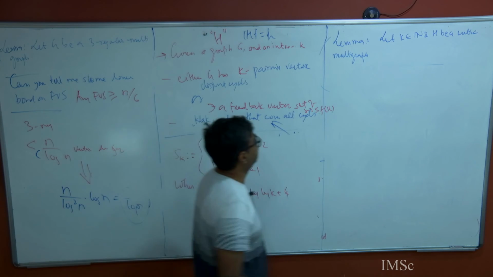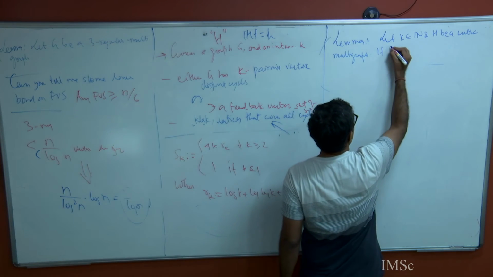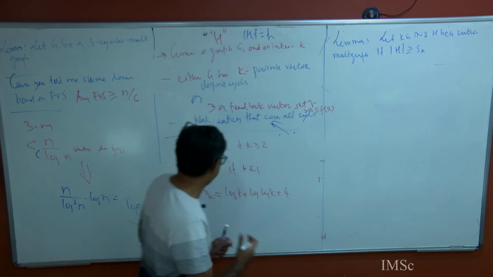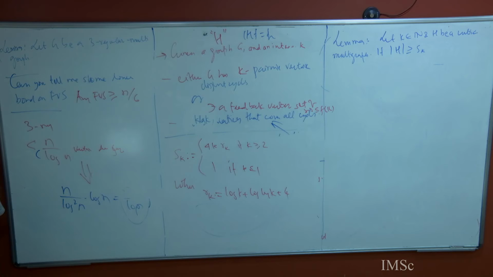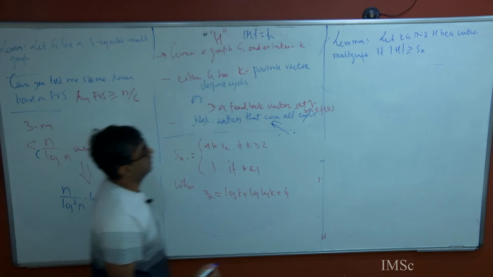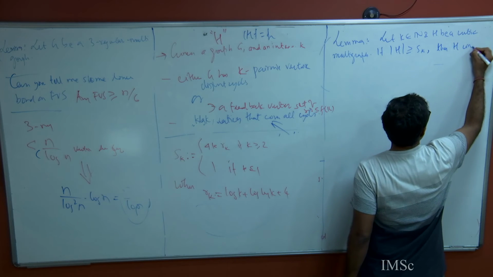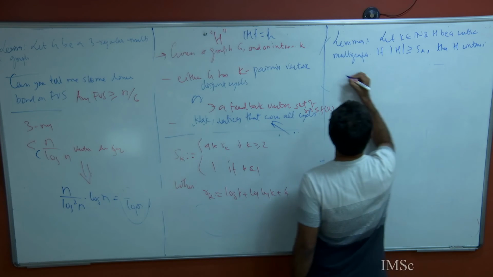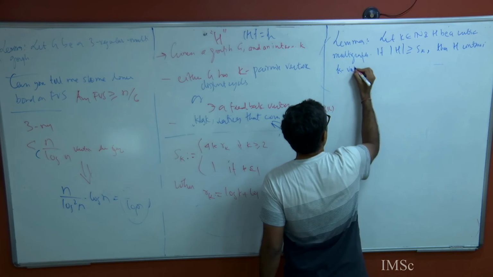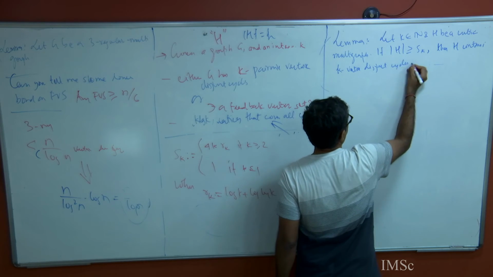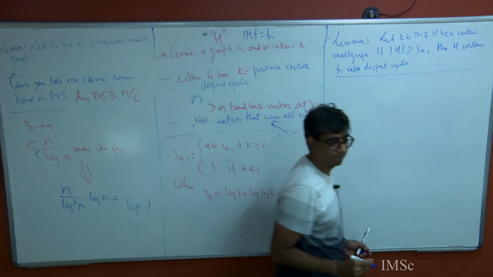If the size of H is larger than this number sk, then H contains k vertex disjoint cycles.